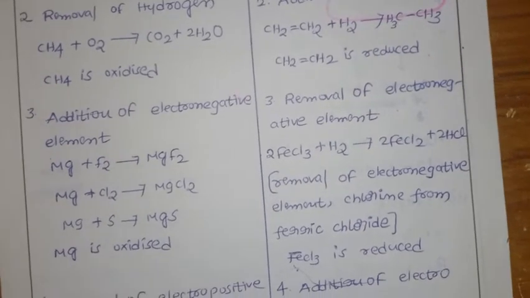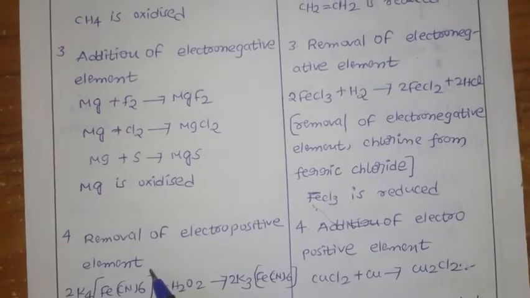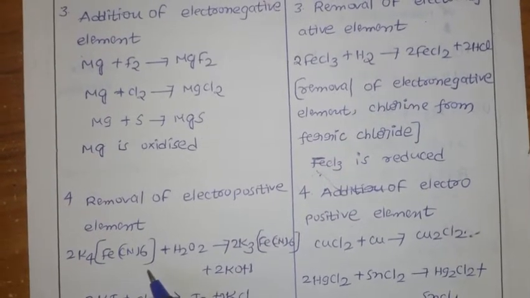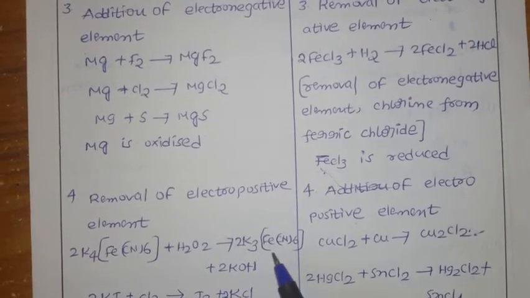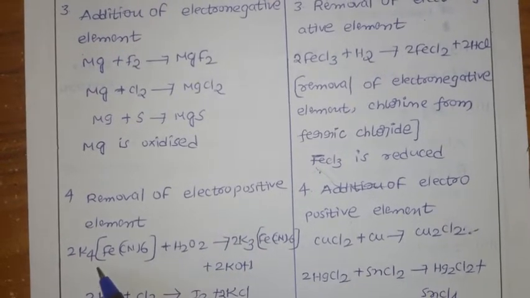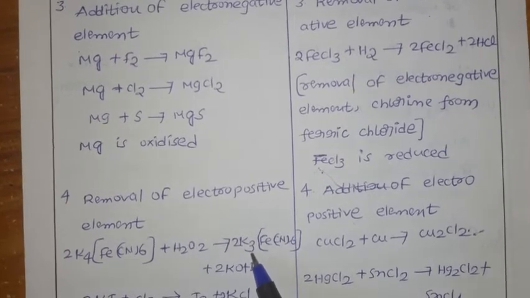Next, the fourth definition of oxidation is removal of an electropositive element. For example, K4[Fe(CN)6] on reaction with hydrogen peroxide gives 2 moles of K3[Fe(CN)6] plus 2KOH. Here K4 is converted into K3, so one electropositive element is removed.